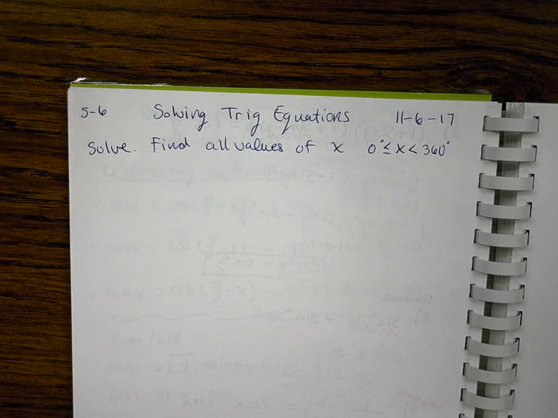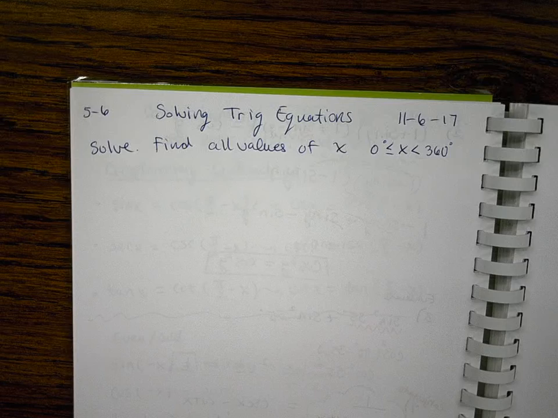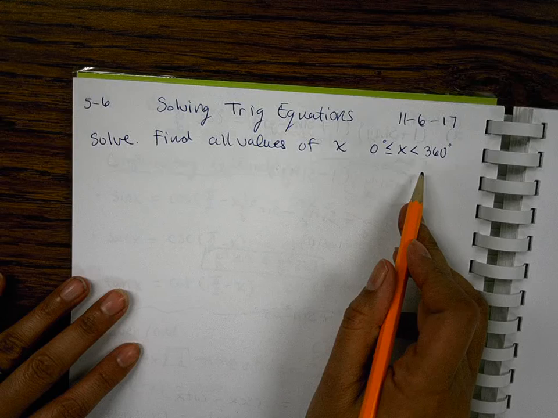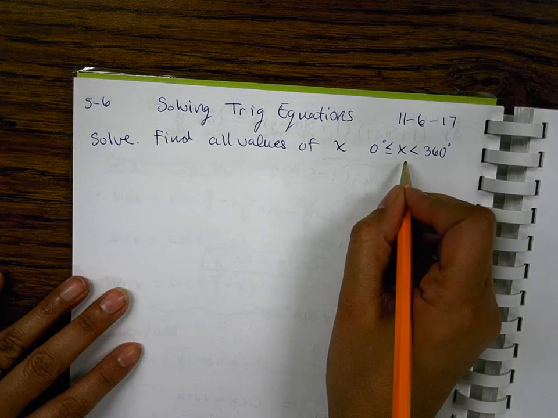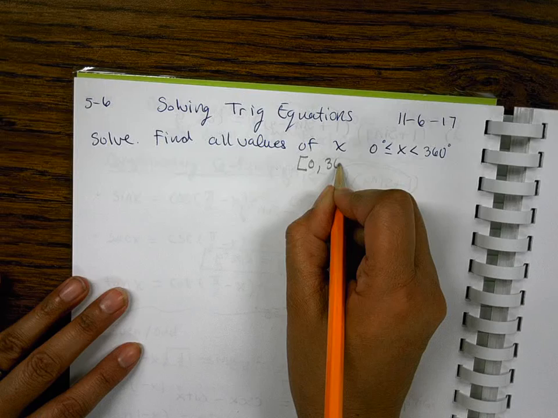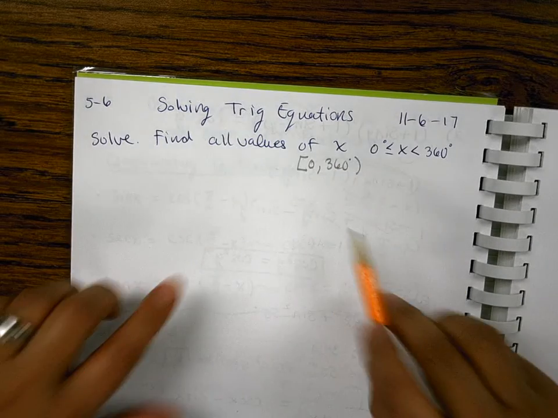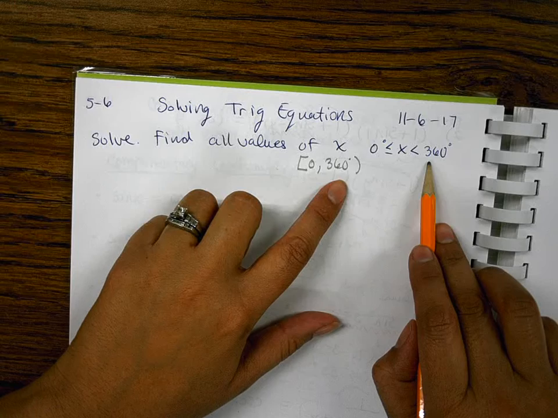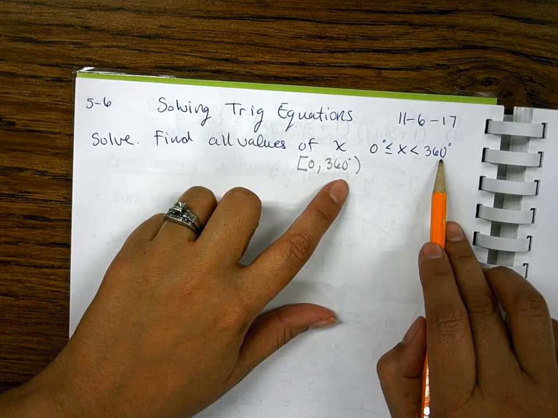All right, just a quick jump back to Math 3. You would have seen this in interval notation like this, 0, 360. Do any of you remember that? Bracket on the 0 because the 0 is included, parentheses on the 360 because the 360 is not.